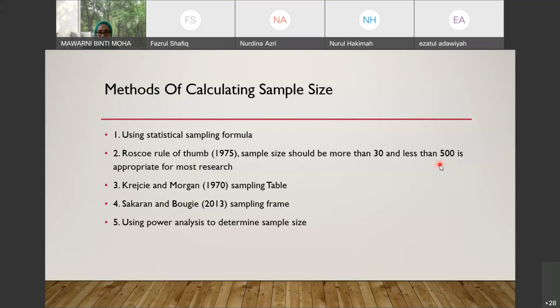So I hope Ranika is here, so you don't have to worry about the number of sample size that you find difficult to get because your population is very small. Yeah? Secondary school and Form 6 among. Right, or you can use Krejcie and Morgan using the sampling table. It's already been described for you how many population, how many sample is relevant for that. Or Sekaran and Bougie 2013 on sampling frame, or you can use power analysis to determine sample size.